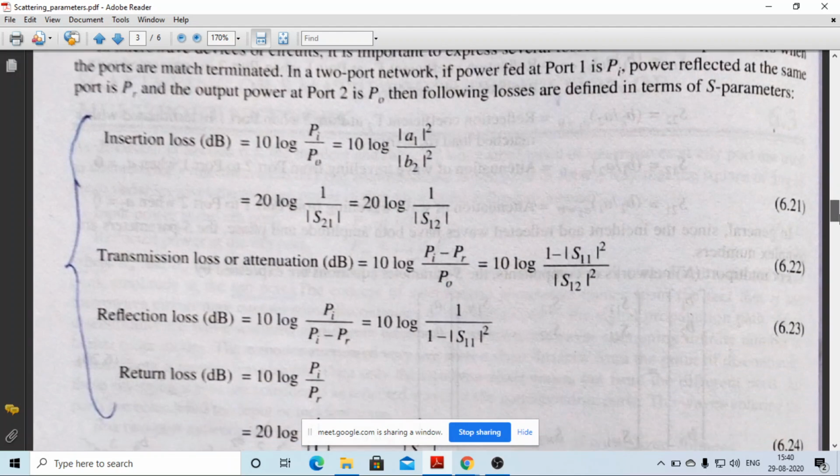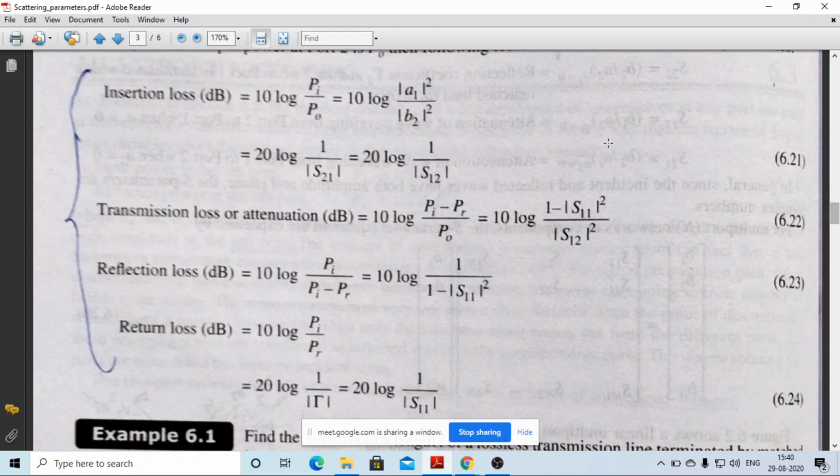So these parameters, that is first is called the insertion loss, which is defined as P input divided by P output, can be stated in form of A1 square by B2 square, because now Pi can be written as 1 by 2 A1 square.